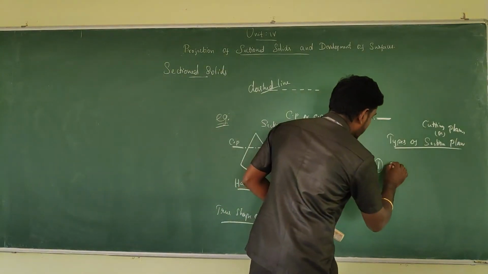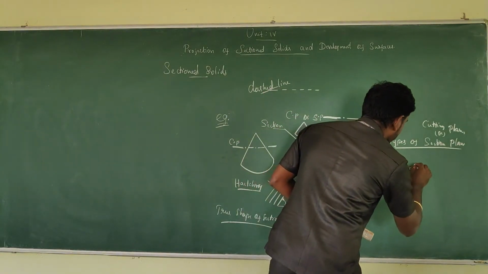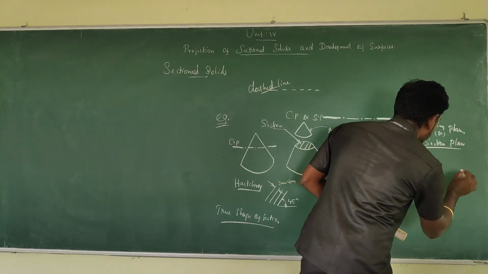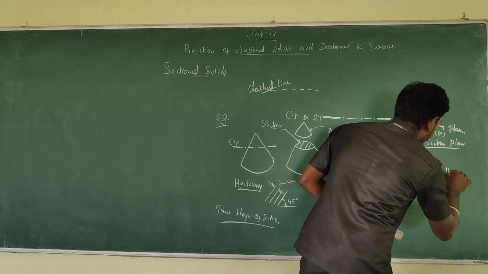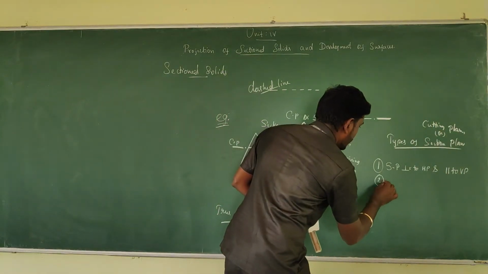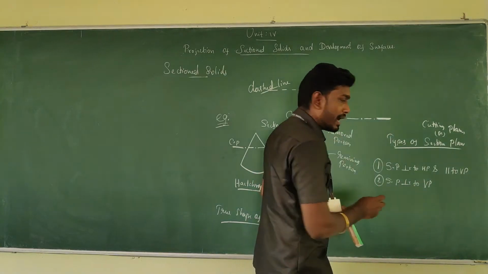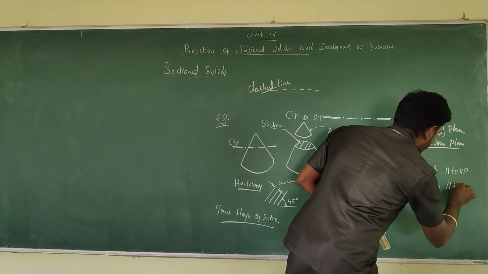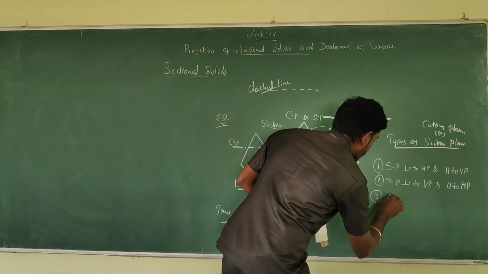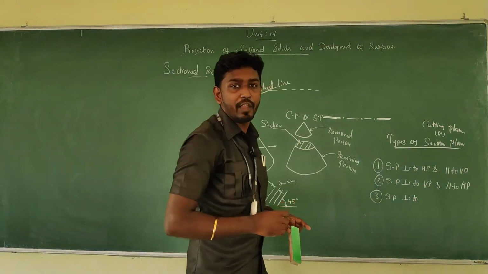One is the section plane perpendicular to HP and parallel to VP. The second one is section plane perpendicular to VP and parallel to HP. The third one is section plane perpendicular to both HP and VP.